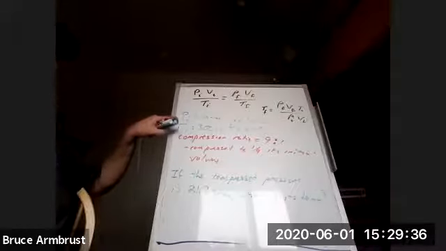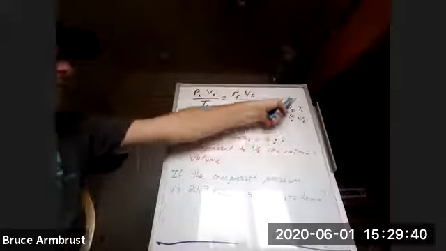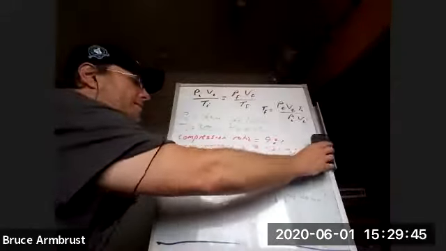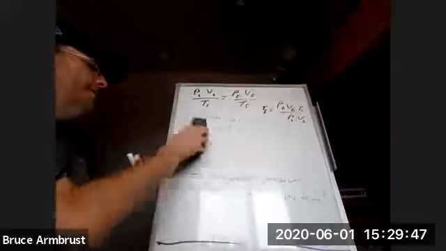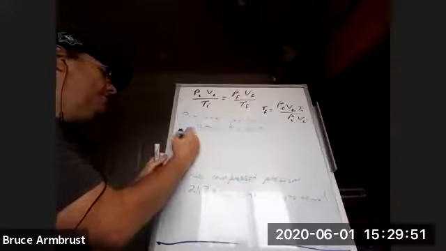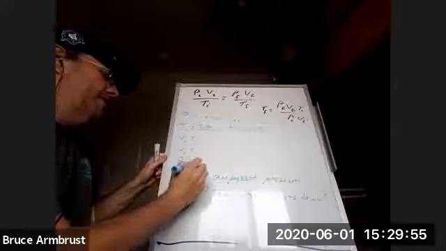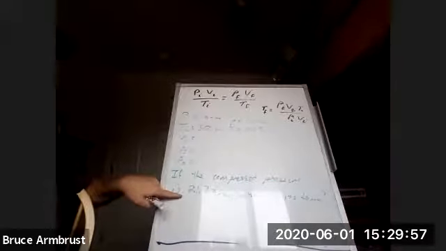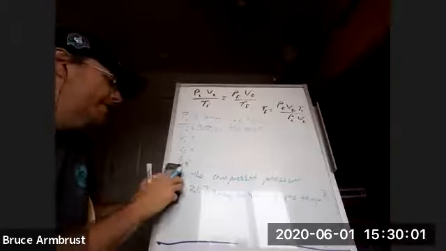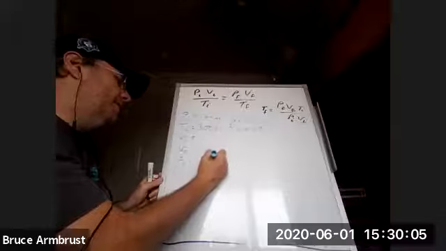Okay, so there's our P initial, our T initial. We also need V initial, V final, and P final. P final I've got right here. We're compressing it to 21.7 atmospheres. So this guy will be 21.7.